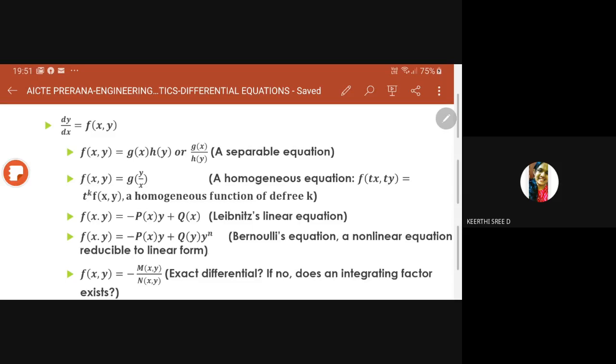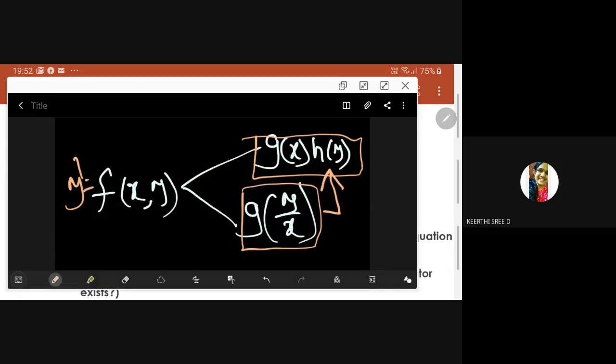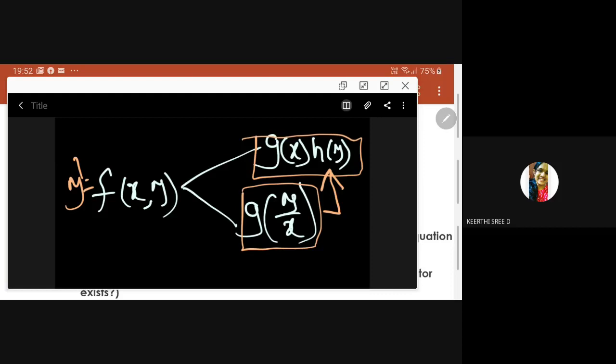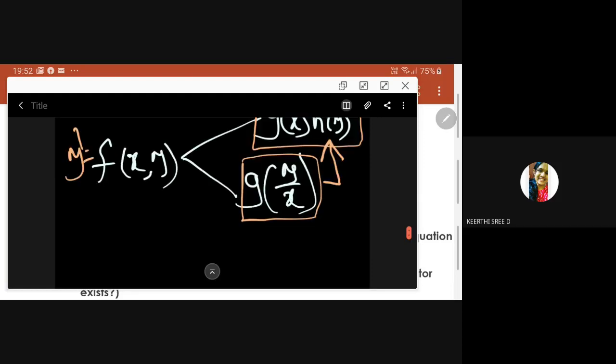Further, this f of x y is known as a homogeneous function of degree k. Some spelling mistakes are there, I'll try to correct that one. That is the second one. Now we will look at the third one. F of x y is something where we are further simplifying things.